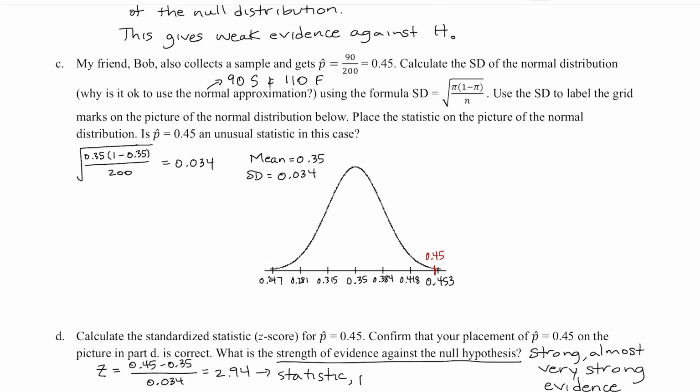Okay, and let's interpret this 2.94. The statistic p-hat equals 0.45 is almost 3 standard deviations above the center of the null distribution.